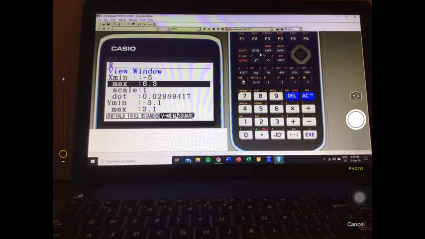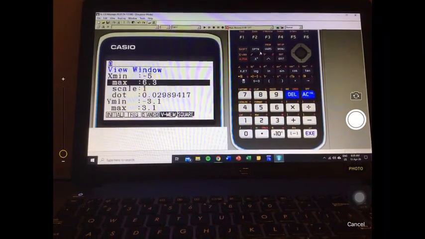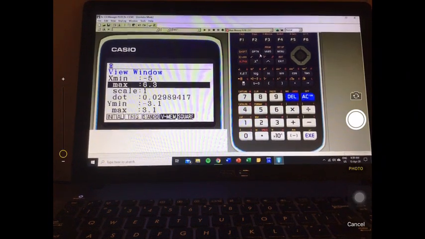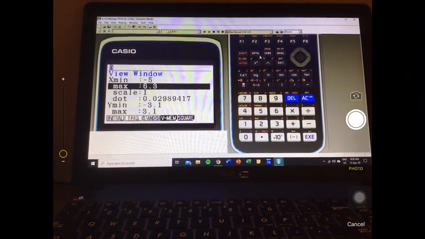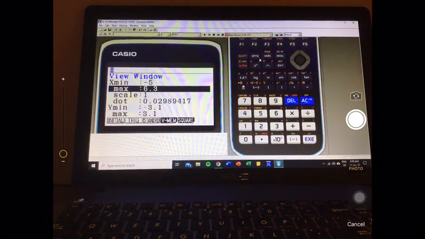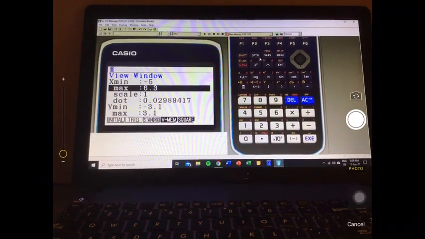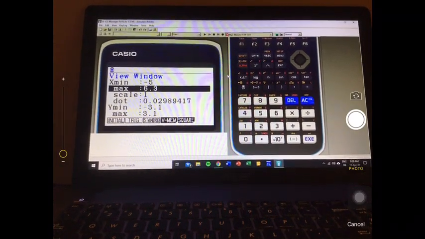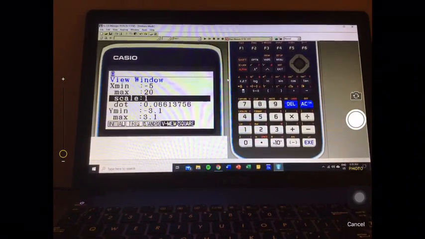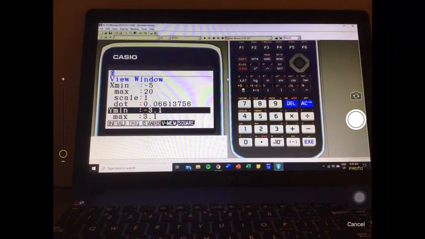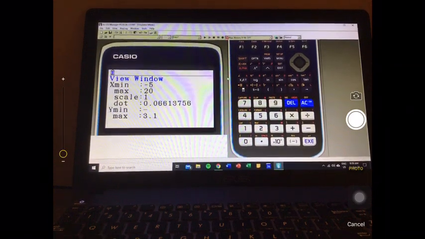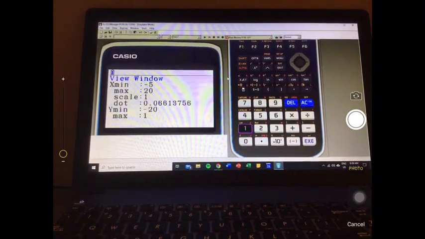For a maximum value, we could put 20 or 10, maybe 20 will be fine. Scale 1. Then as a y minimum, we could put -20, and as a maximum 15, for example.